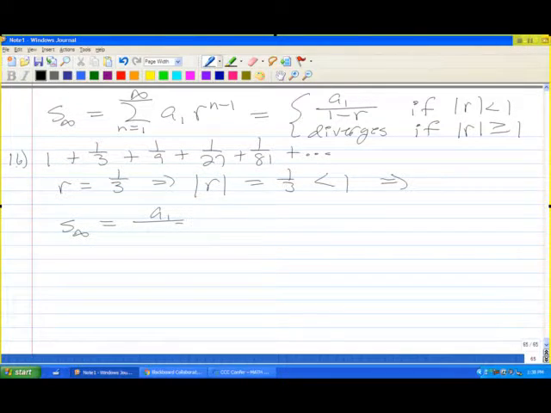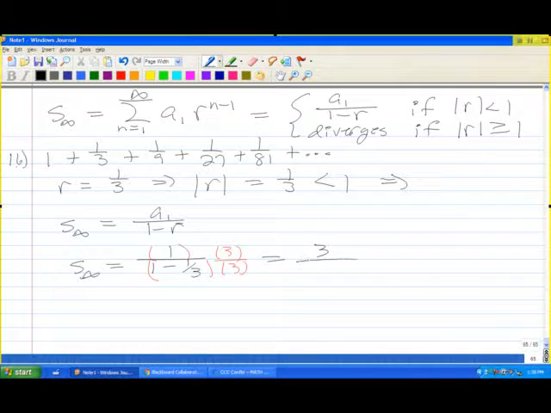And so let's figure out that sum. It's equal to a1, which in this case is 1, over 1 minus r, and r in this case is 1/3. So let's multiply and divide by 3. 3 times 1 is 3. 3 times 1 is 3. 3 divided by 3 is 1.